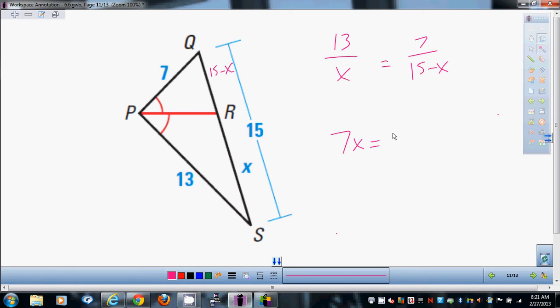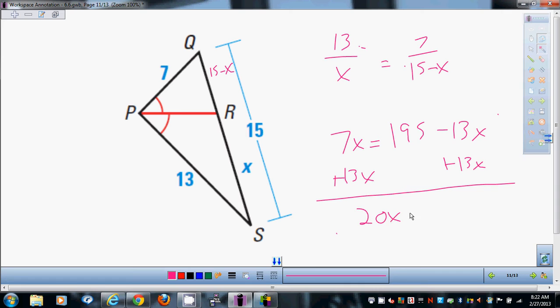Minus 13x. Remember, we have to multiply the 13 times the 15 and the x. Which would give you what? Divide by 20. And x equals 9.75. Very good.